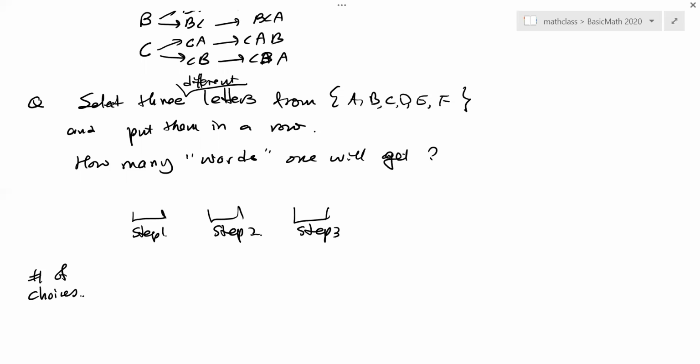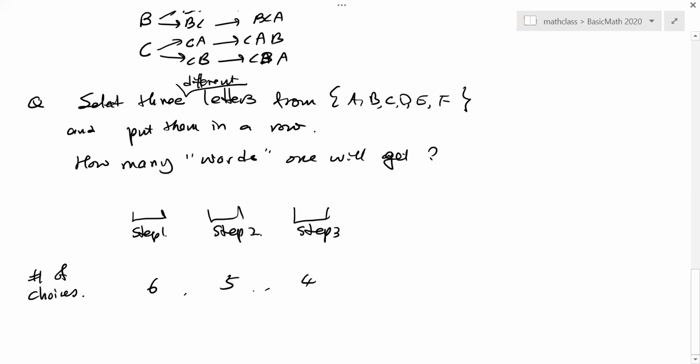In the first step, you select 1 letter from this group of 6, so there are 6 choices. Then 1 letter is gone, 5 letters left, so in the second step you have 5 choices. In the third step, you only have 4 choices because 2 letters are already gone.